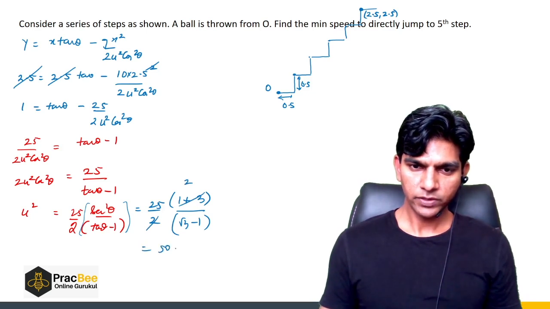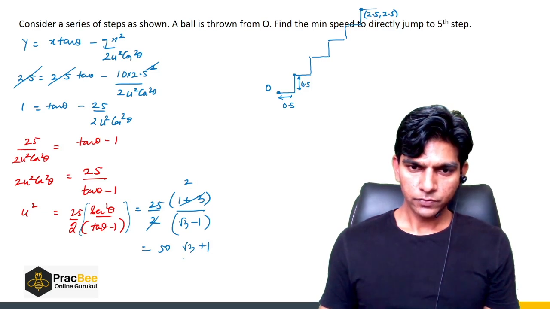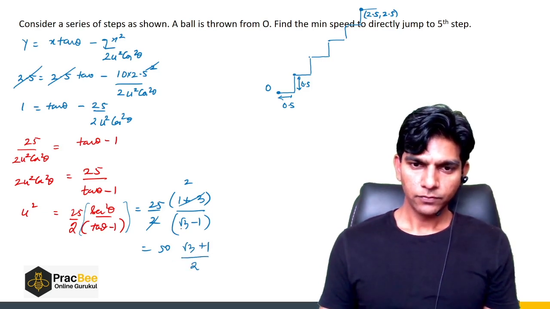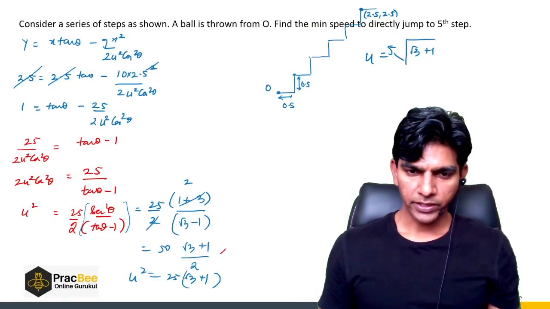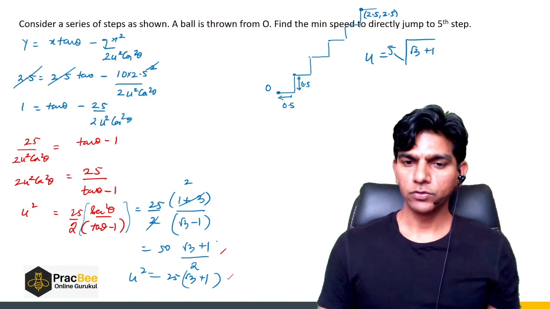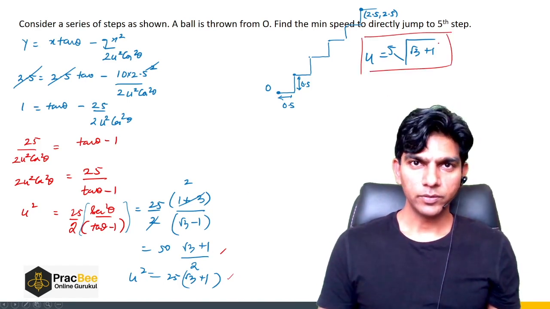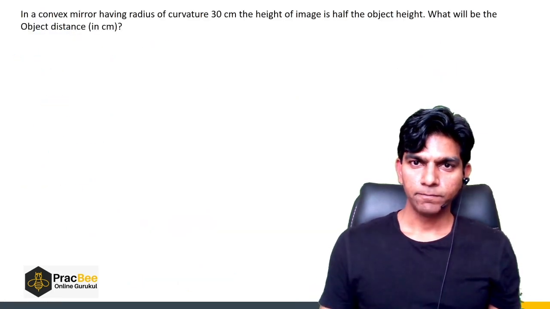So we have 50, and then it will be root 3 plus 1 divided by 2, right? So I have rationalized the denominator. So this will be 25 times root 3 plus 1. And if I take the square root of that, the answer comes out to be 5 times root of root 3 plus 1. Now let us see another question.